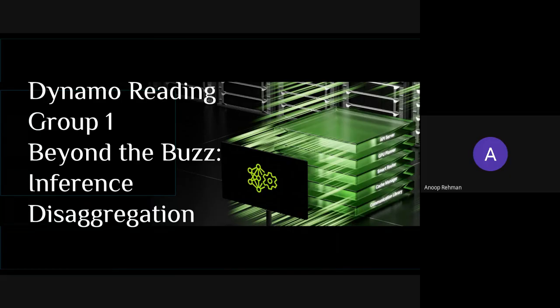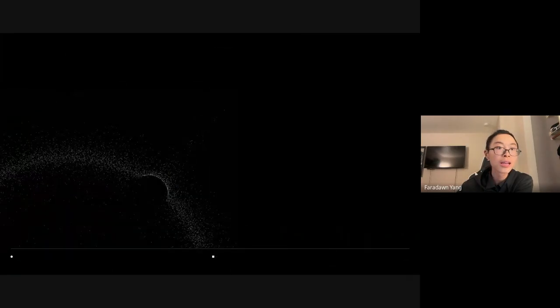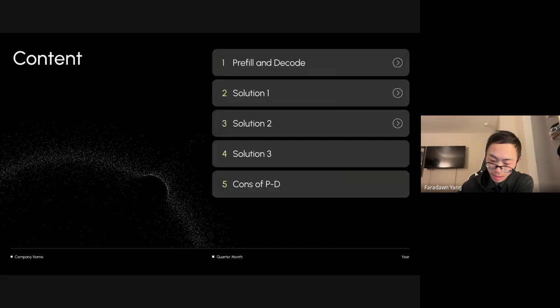Okay. Hi, everyone. Welcome to the first reading group. Today's paper is Beyond the Buzz, a programmatic take on disaggregated serving. Today, we will first introduce what is a prefill and a decode, and then two prior solutions, and then the ultimate solution of disaggregated serving, and finally introduce some considerations of PD disaggregation.